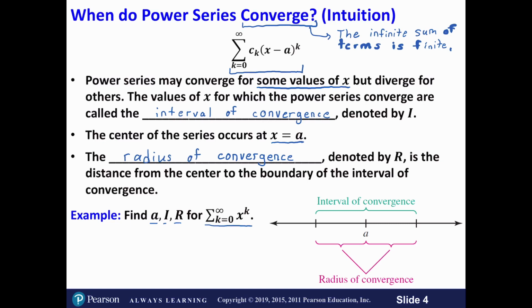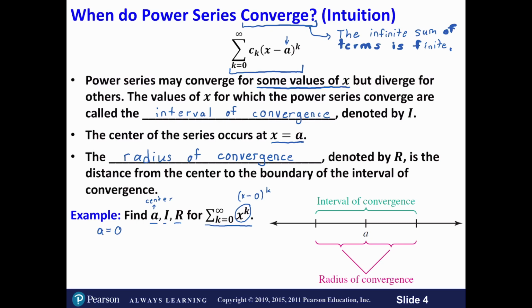All right, so the center of the series, a, occurs at 0 here. And the reason for that is because we essentially have (x minus 0)^k, right? The interval of convergence. So this one we should think about for a second. For which values does this series converge?